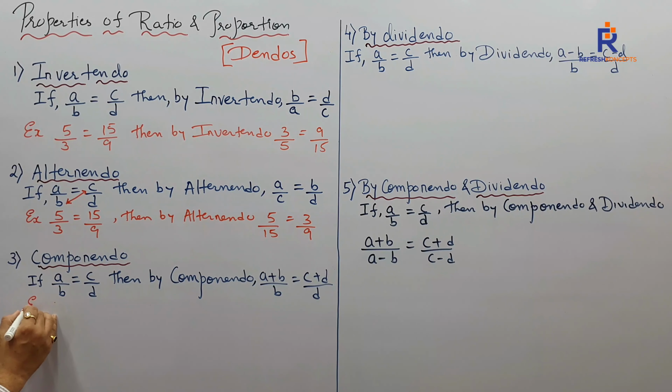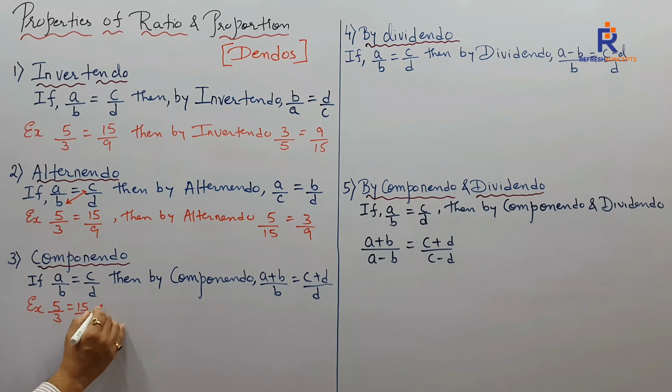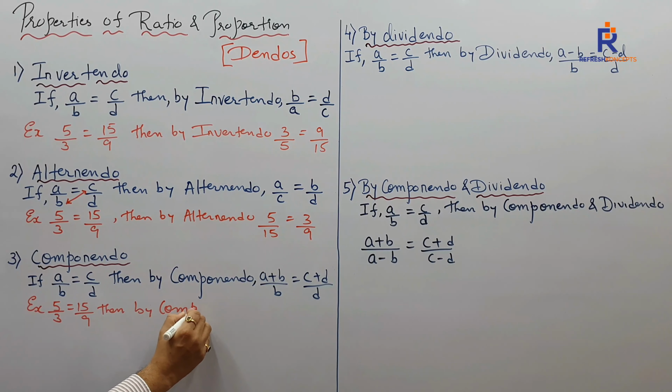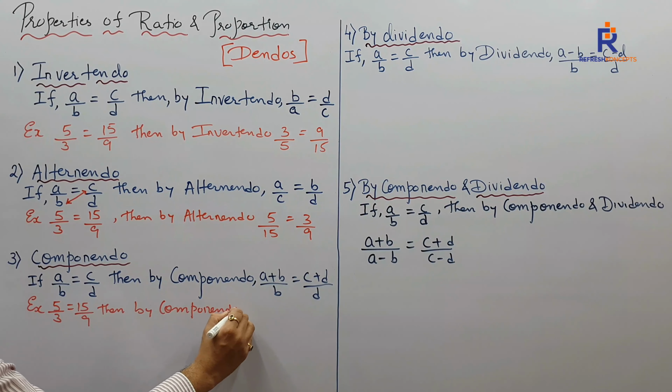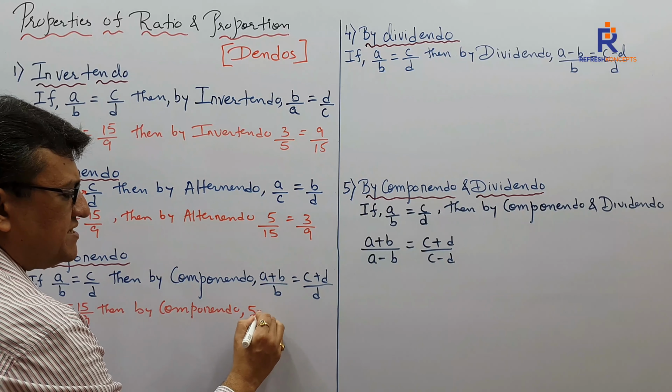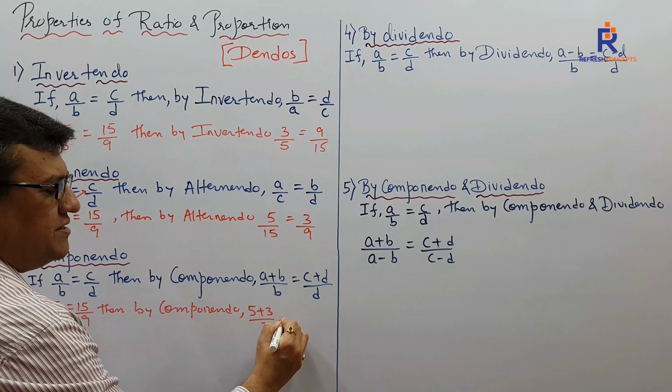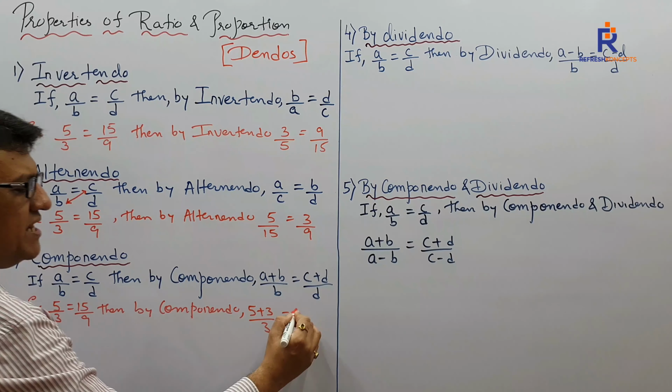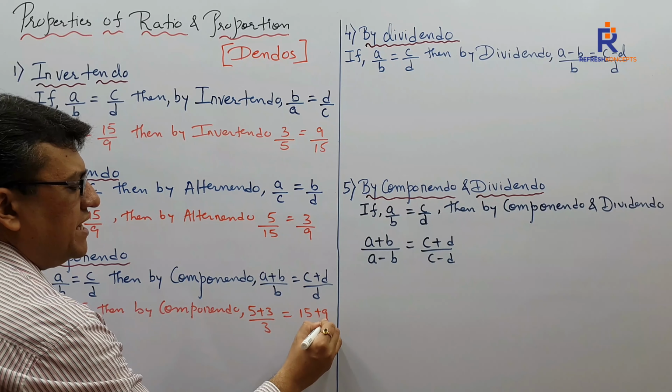So, example, as I said earlier, I'm going to take the same ratio. 5 by 3 is equal to 15 by 9. Then, by componendo, what can I say? Numerator plus denominator. 5 plus 3 by 3 is equal to 15 plus 9 by 9.